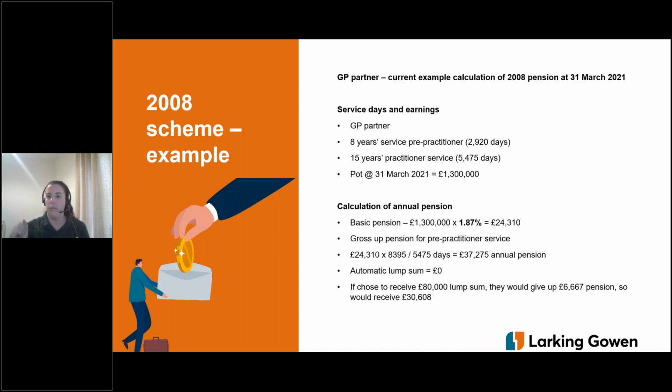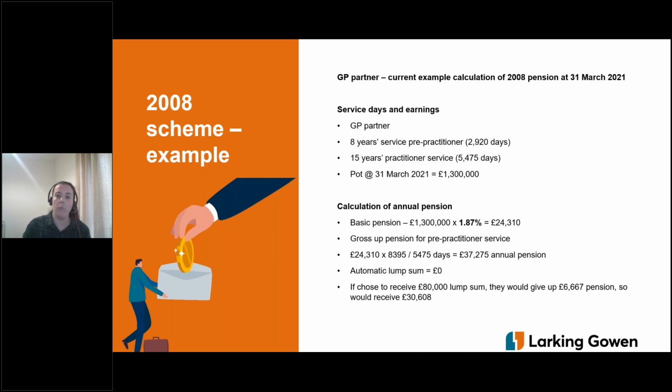Same example, same number of days, same pot at March 21. The only difference here is that you now get 1.87%. So they get, I think it works out about an extra 6,000 from memory from the slides. We gross it up for that pre-practitioner service, so exactly the same method as we did before. The 24,000 becomes 37,000.